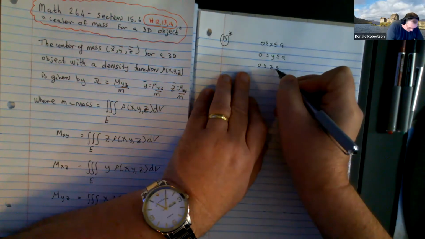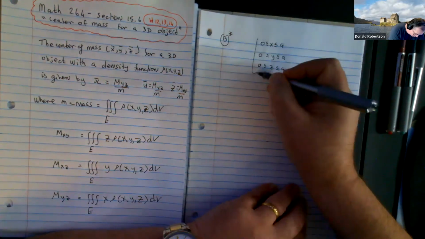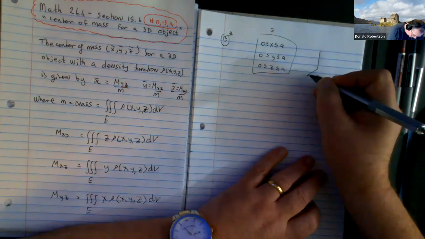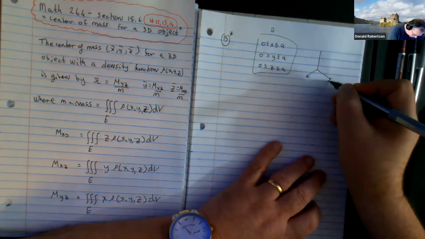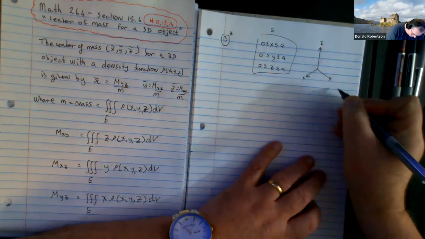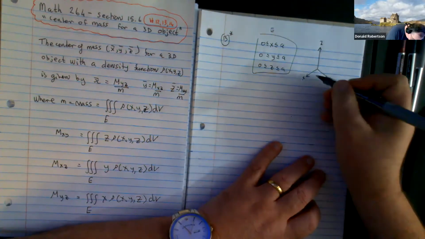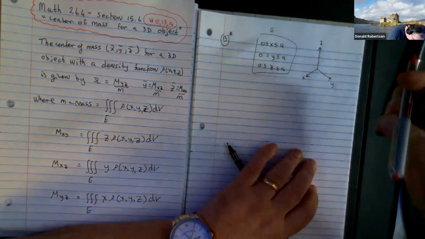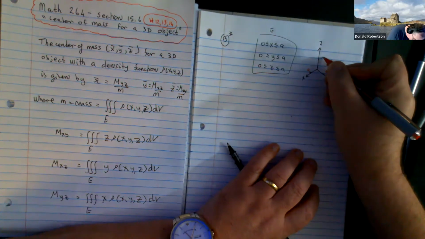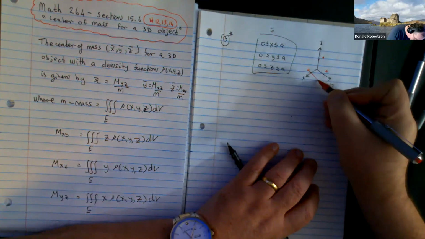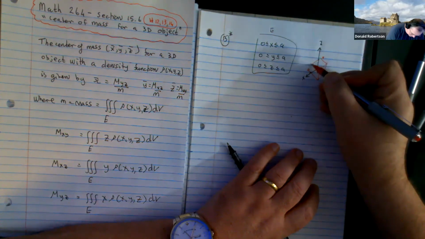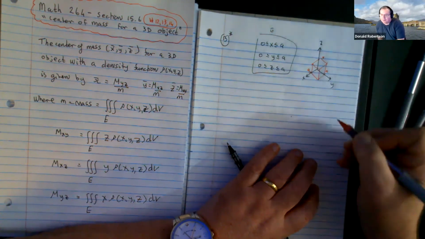And this is basically your region E. So if you wanted to see what that might look like, the solid which you're trying to find the center of mass of would be, well, that would be A, and this would be A, and this would be A, and it'd go along the bottom, and it would go up, and it'd go down, and go like this, go like that. Hey, that's pretty good, pretty happy with that shape.